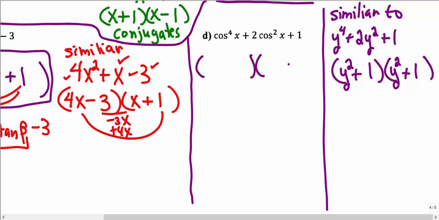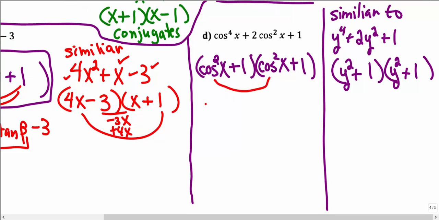We're still setting up our two parentheses for those three terms, but instead of putting in x, we would now put in cosine squared x, very similar to how we did y squared, plus 1 and plus 1. And let's check that on the trig version here to make sure that if I multiply these back together, cosine squared times cosine squared would be cosine to the fourth x.